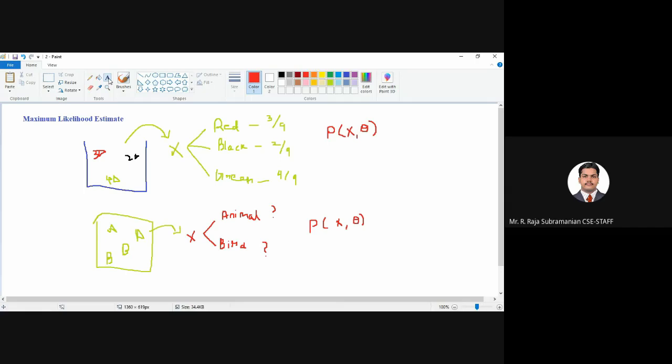When you estimate using Bayes theorem, you are going to estimate a conditional probability: if this is given, what will be the probability of this to exist? For example, the probability of x given some data. That's what I'm going to do.